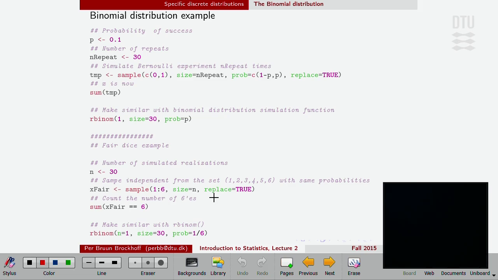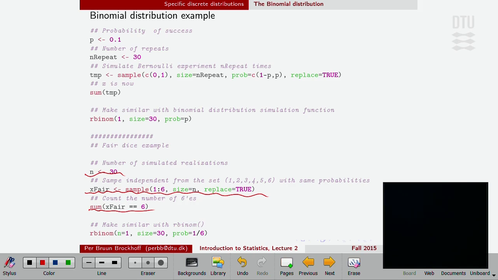For instance, down here, if I sample, so I'm doing the dice thing again, the fair dice. I sample 30, I throw the dice 30 times. However, now I only count the number of 6s, so I choose to look at the system where I just say either it's a 6 or it's not a 6, right?